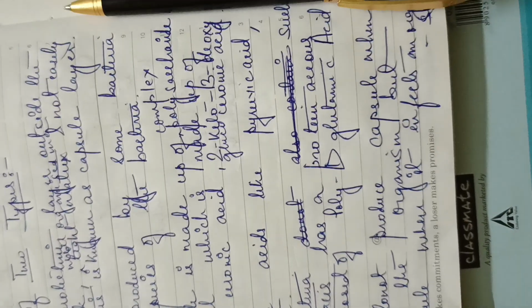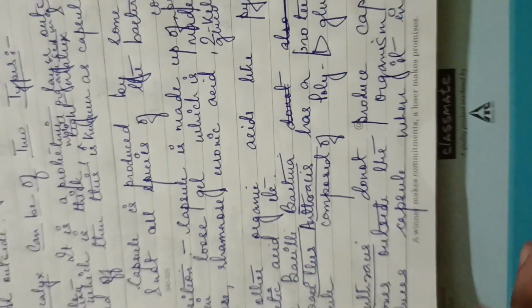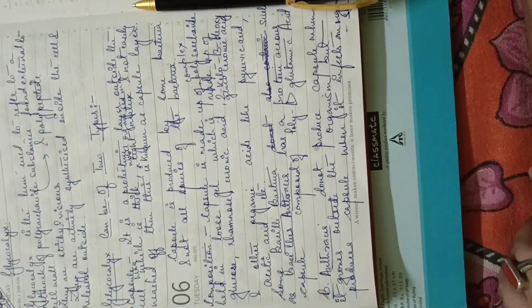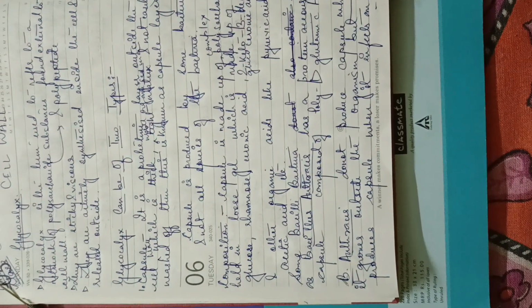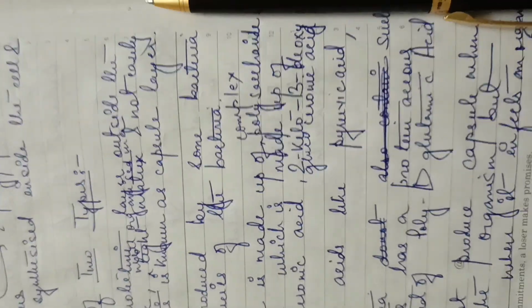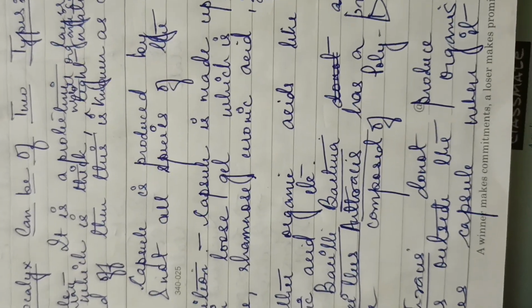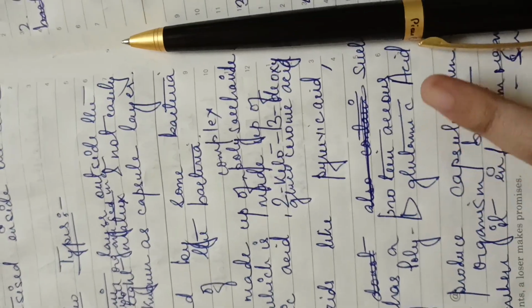Some bacteria, such as Bacillus anthracis, the causative agent for anthrax, have a proteinaceous capsule composed of poly-D-glutamic acid.